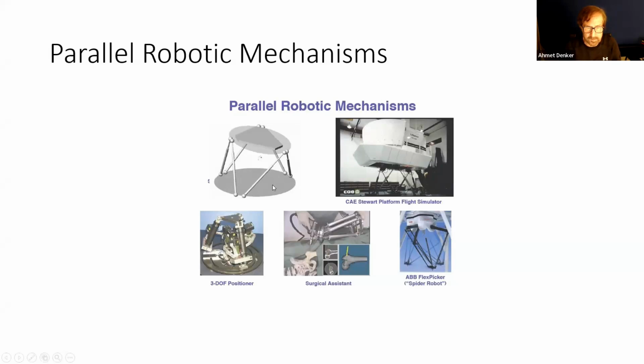The first designer was Stewart. This is a parallel robot. A flight simulator cabin is put on top of this motion platform, and this gives the motion which simulates the motions of an airplane in the air.